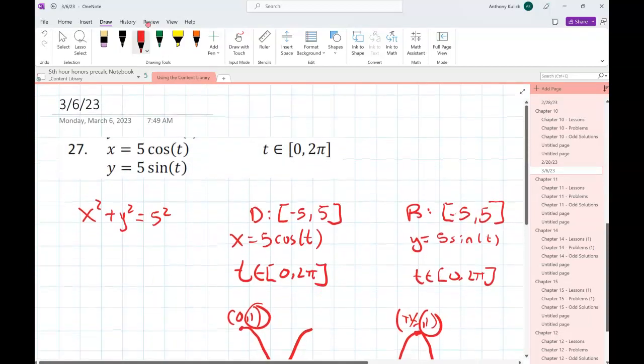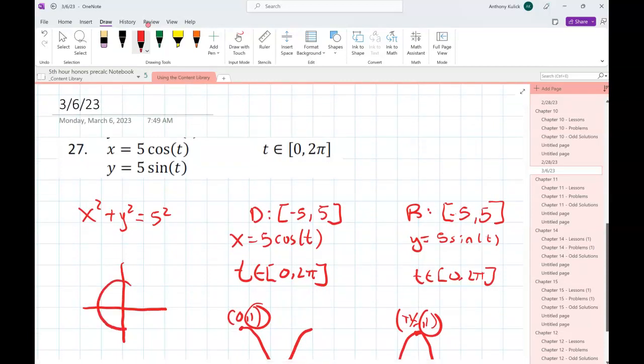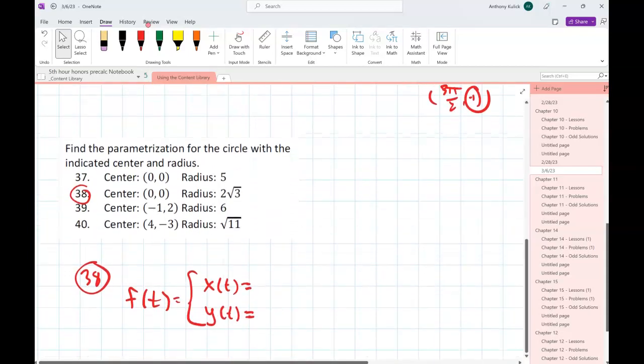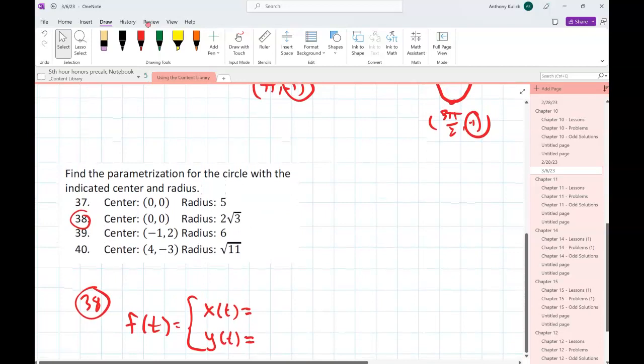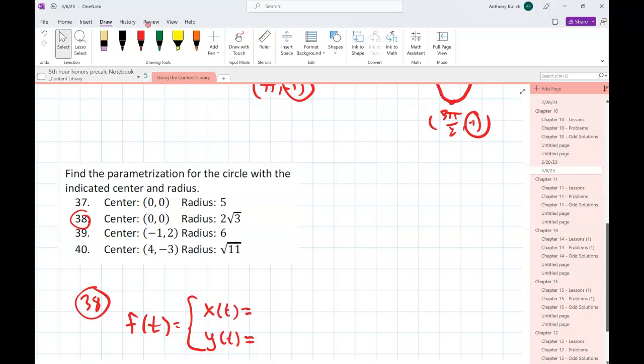When we graphed this, what did we get? We got a circle centered at the origin with radius 5, right? So here we want to write the parametric equation for a circle whose center is the origin and whose radius is 2 root 3.